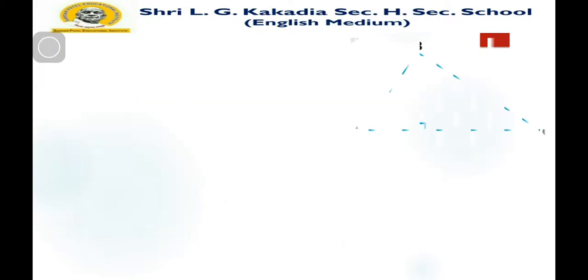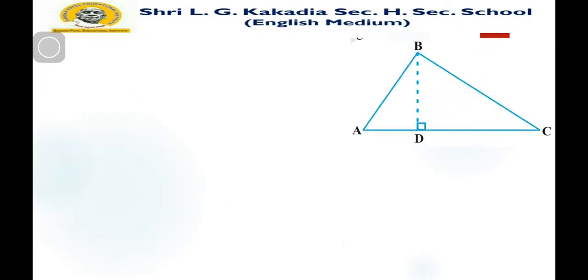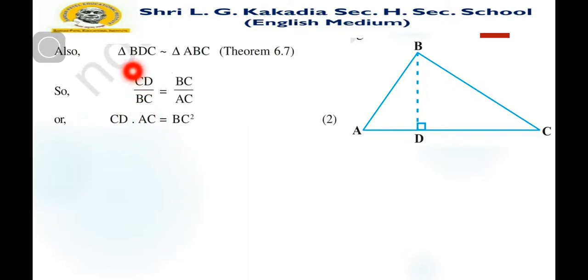Once again, triangle BDC is similar to the whole triangle ABC from theorem number 6.7.